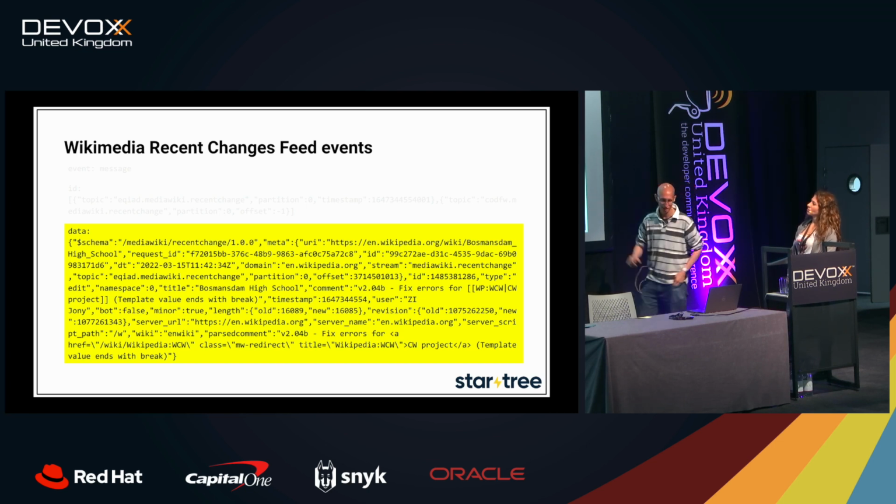There's a timestamp in the middle. It tells us what server processed that request, what comment they left, and it's got an ID. It tells you what domain it was done on, so this change was done on the English Wikipedia. And then the title of the page. So there we go, Bosmansdom High School page was edited here.